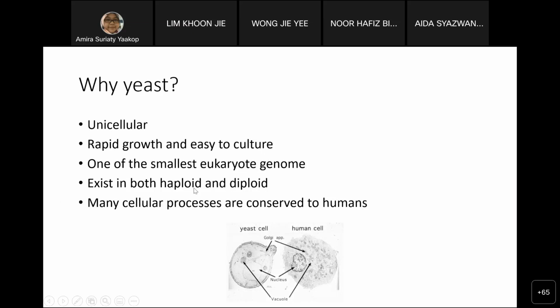It also has one of the smallest eukaryote genomes, so it's easier for you to see how the changes the gene can make when you insert a similar gene into yeast, right?